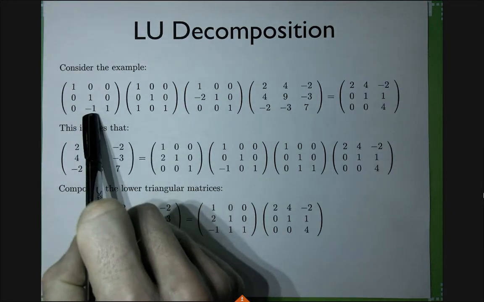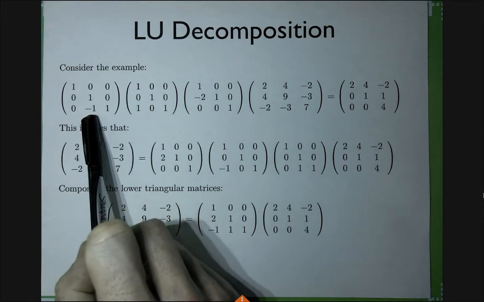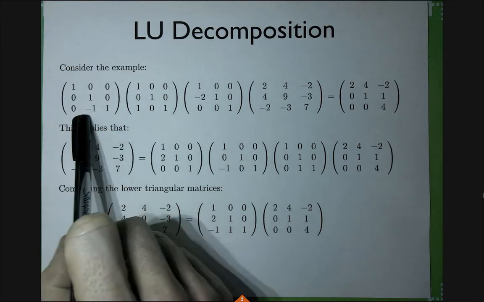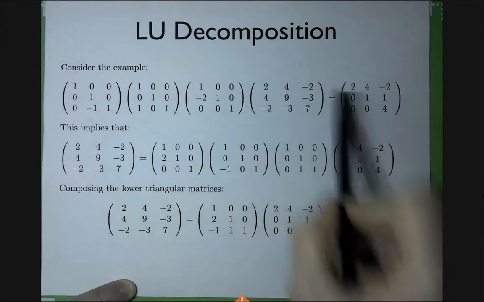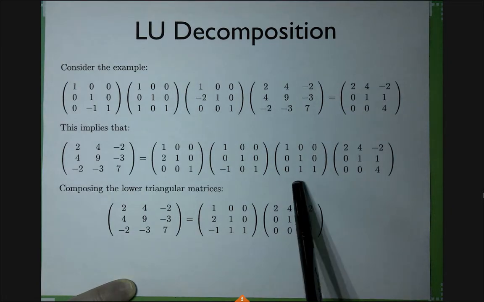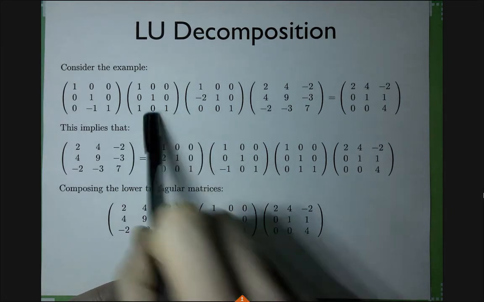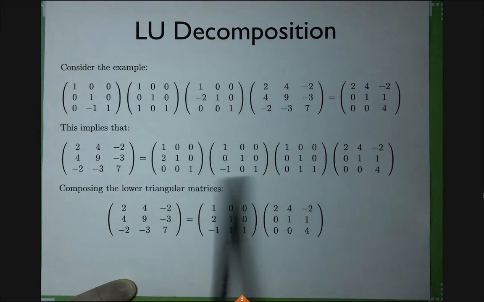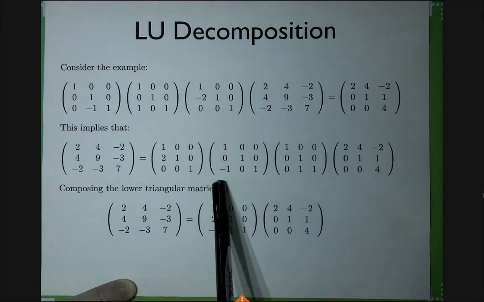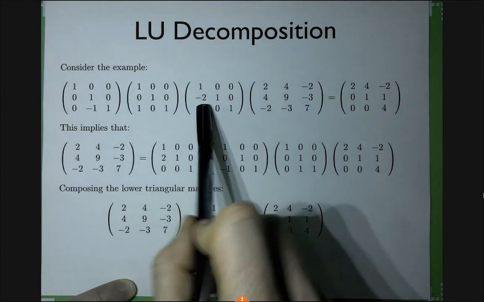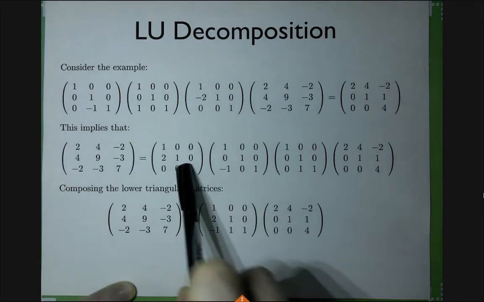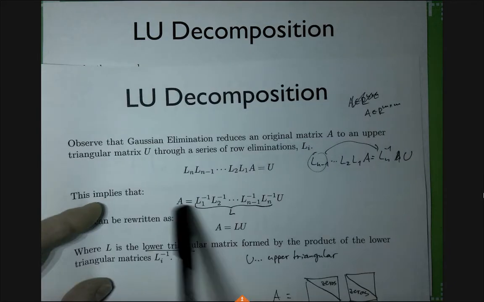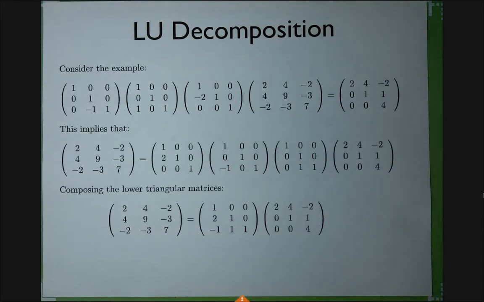So I take this matrix, I compute its inverse. Its inverse is simple. I just make this -1, 1 and put it here, right? So that's what you get here. Okay. Then I take this matrix, do its inverse, so that's -1, put it here. That's this one. Then I take this one, compute its inverse, and plug it in here, right? So that's exactly what was written here in this example.